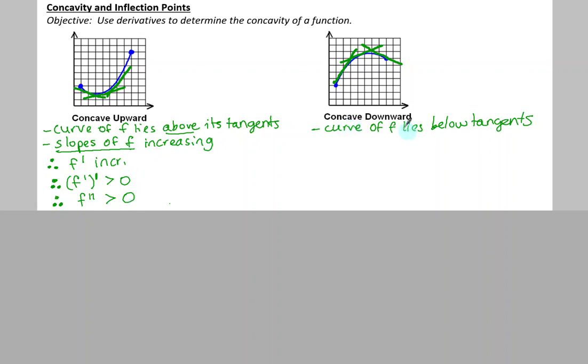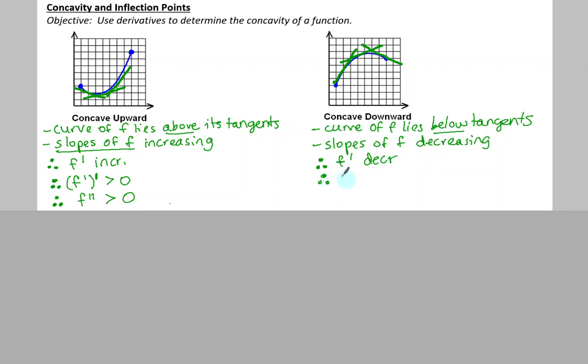In the concave down graph, where the curve of f lies below the tangents, first we have a positive slope, and then a less positive slope, and moving to the right, now a negative slope. So these slopes are decreasing. Therefore, the derivative of f, which means the slope of the tangent line of f, is decreasing.